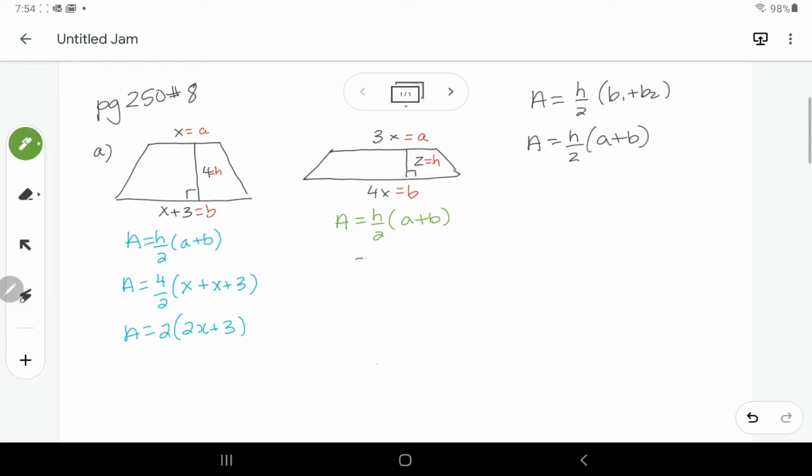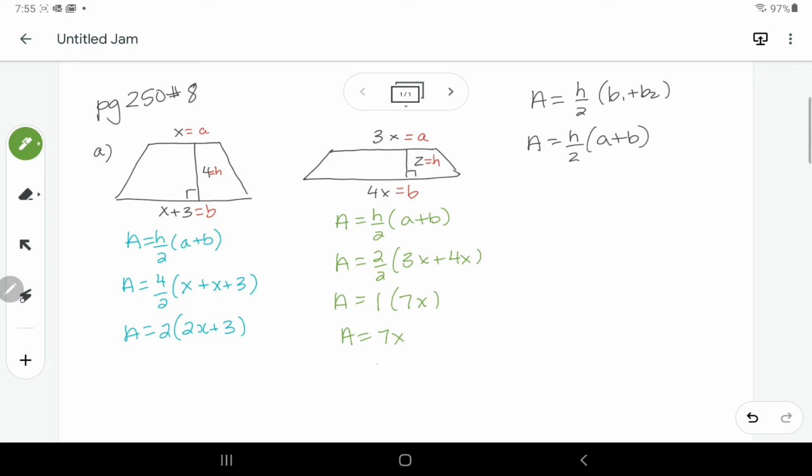So I will put in 2 over 2, and then A is the top. So A is our 3x and B is 4x. So the top is 3x plus the bottom is 4x. So 2 over 2 is just 1, and then that's times 7x. And that would just be 1 times 7x is just 7x.